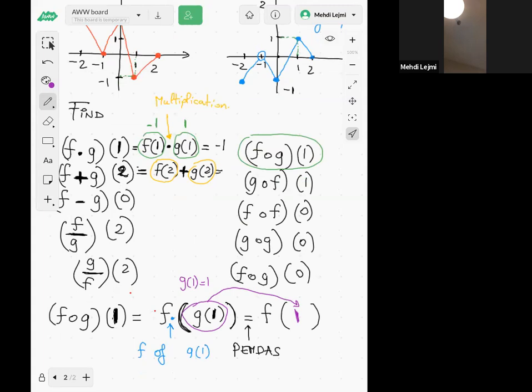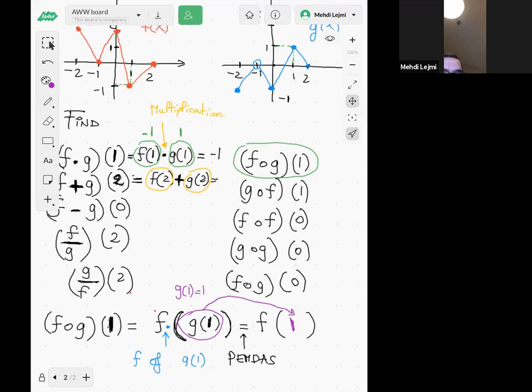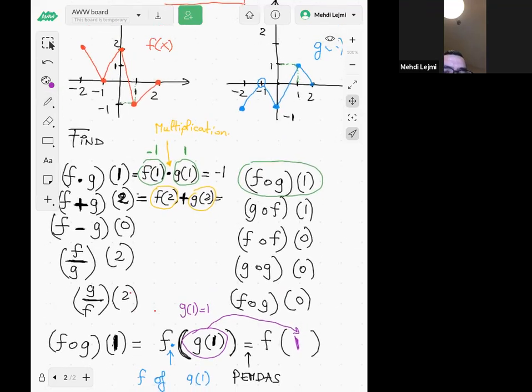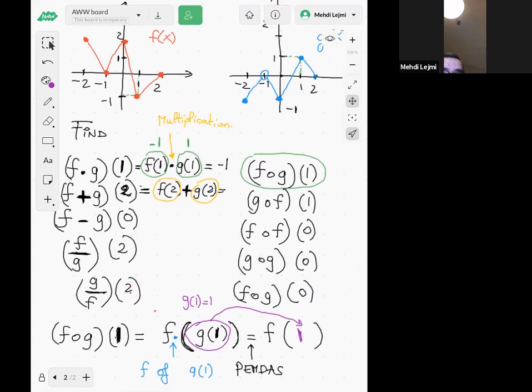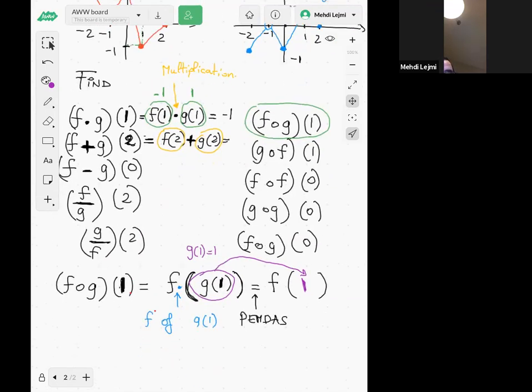So now I have to evaluate f of 1, because now I have this 1 between the parentheses. So what's f of 1? Well, we check the graph of f. f of 1 is negative 1. So the final answer here would be negative 1.